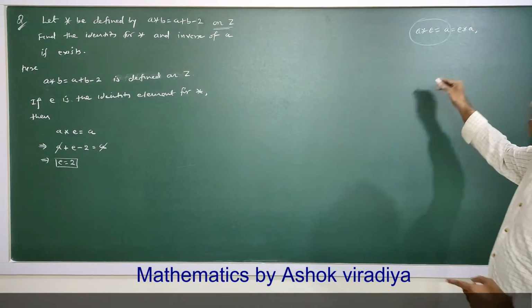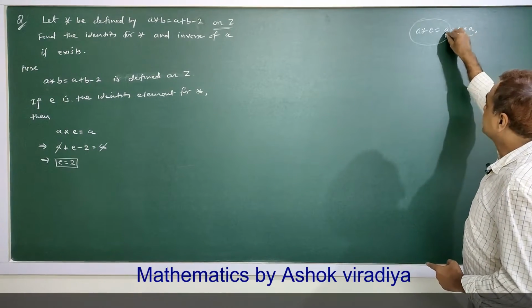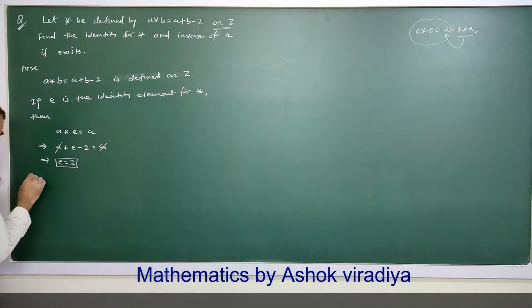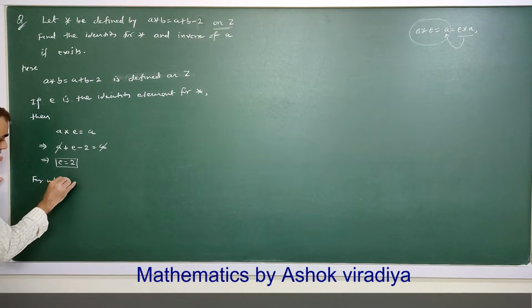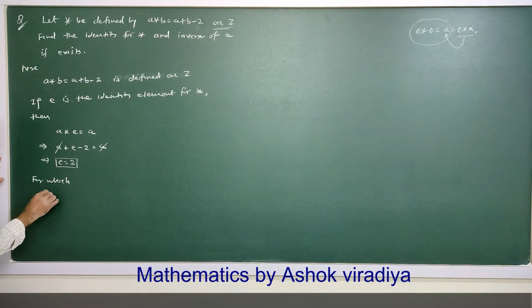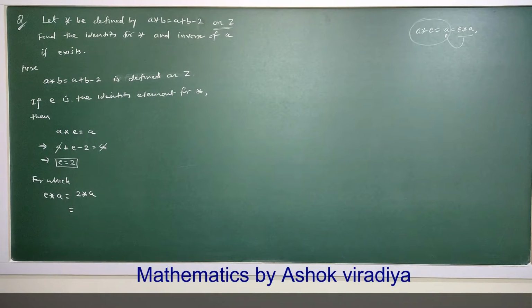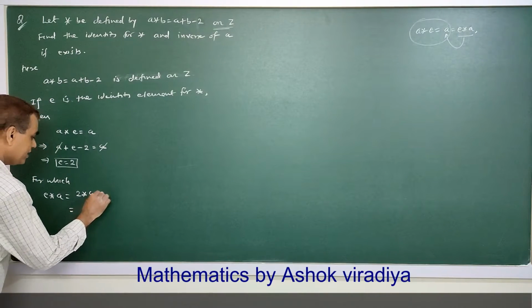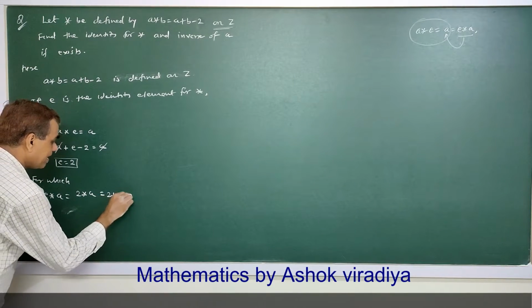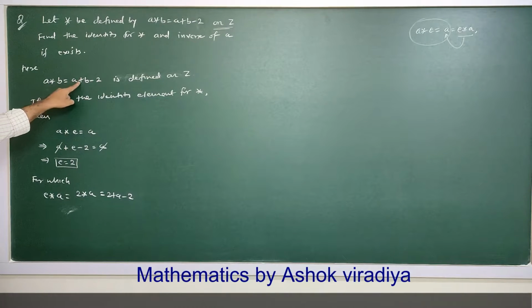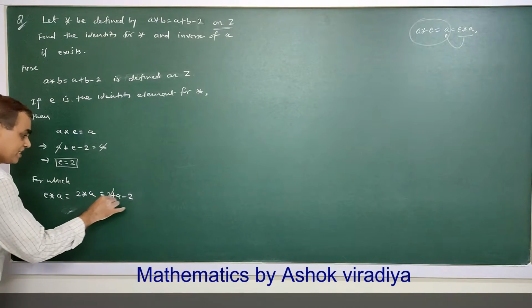Now for this value of E equal to 2, is it true? That verification is required. So for this value of E, let me check E star A. E star A, that is 2 star A. 2 star A is 2 plus A minus 2. So this 2 is cancelled. So what is it?